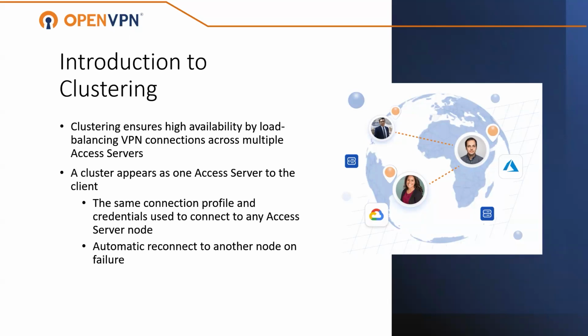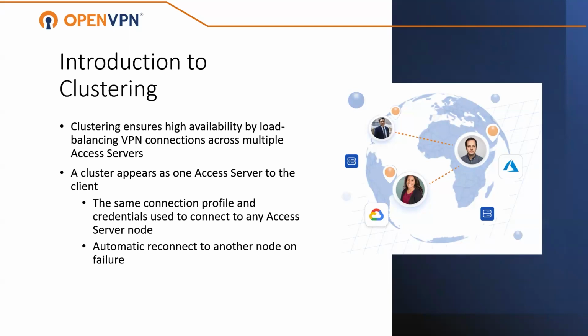They work with all the, we call them nodes, all the access servers that are part of the cluster. And all of them are actively handling VPN connections. So it's an active configuration. All the access servers are handling connections.